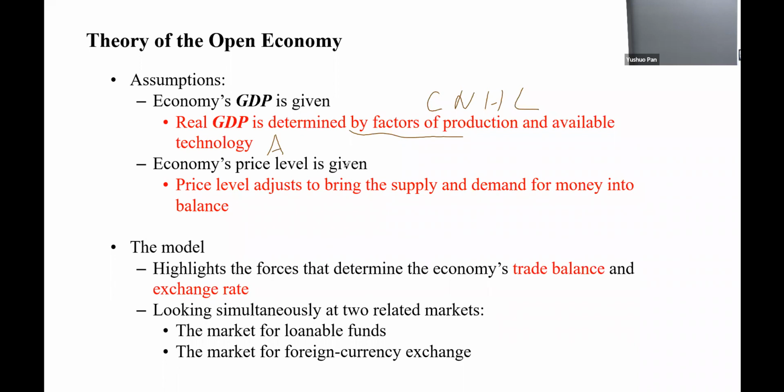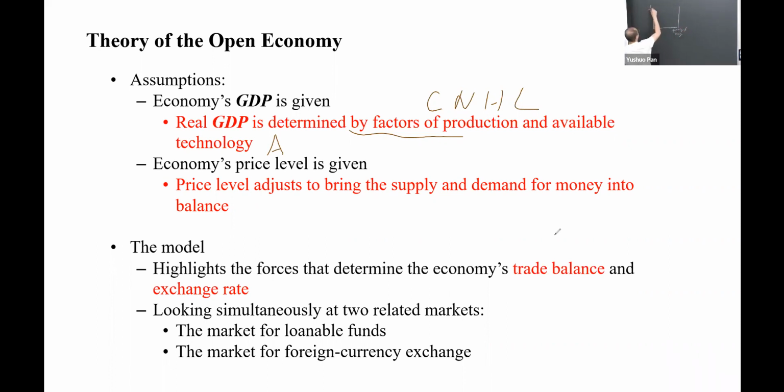The economy's price level is given, so the price level adjusts to bring the supply and demand for money into balance. Again, that's the chart we learned in chapter 17. The horizontal axis is the quantity of money.